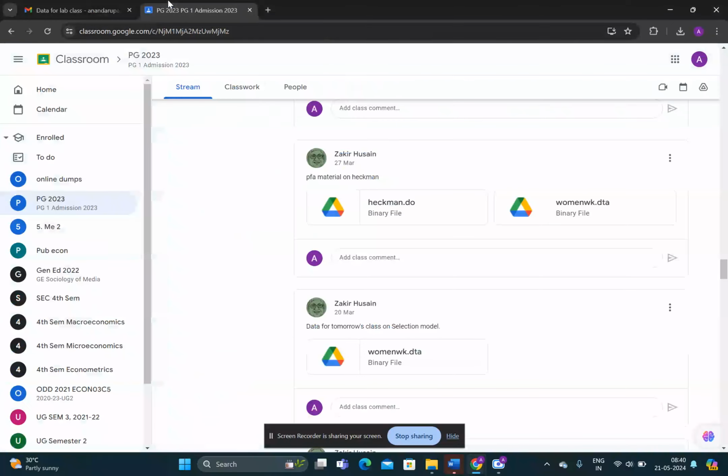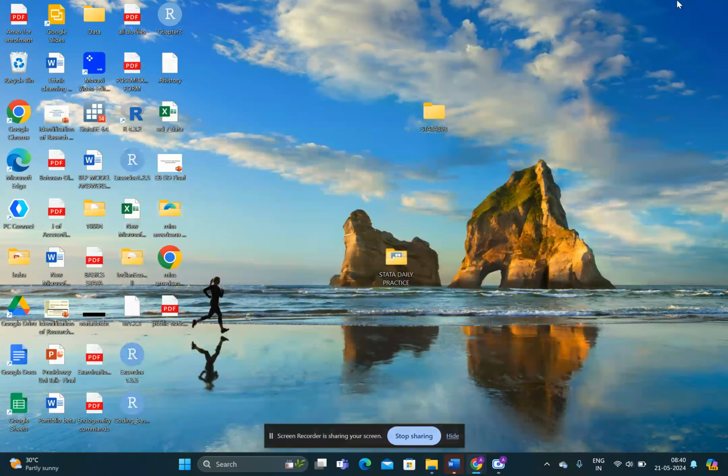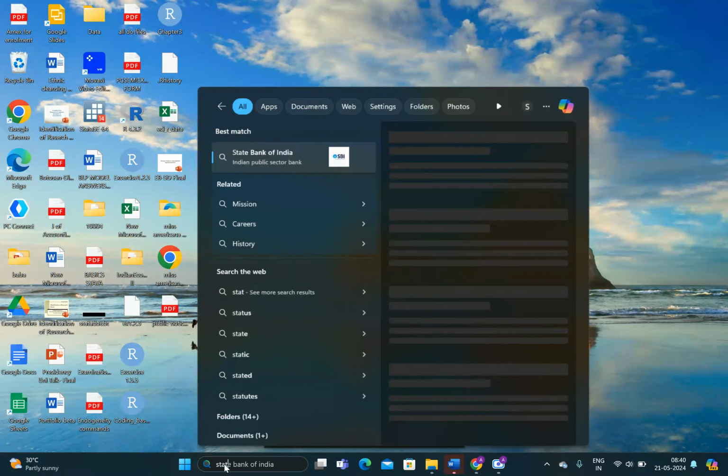Okay. Good morning. So today we are going to do a practical on models like the LPM, Logit, and Probit. We have a data set with us. I will first open my data set.